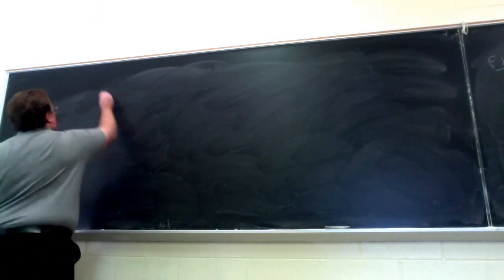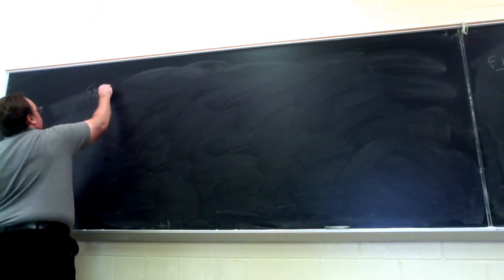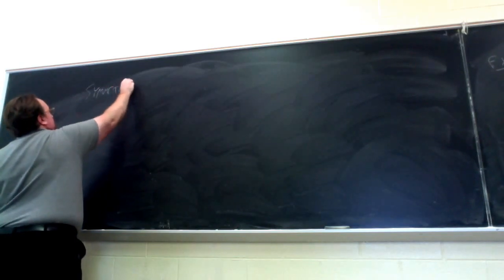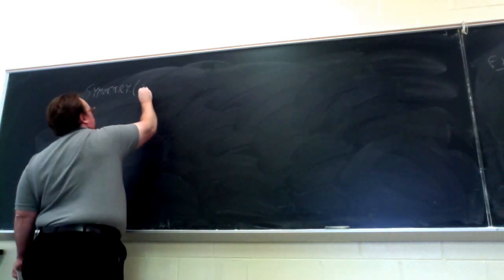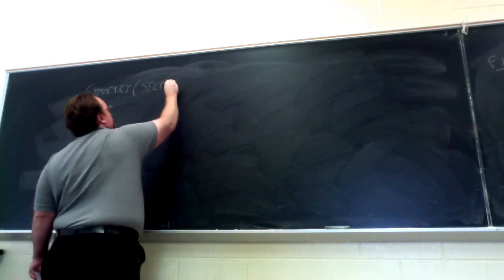Now, this next property, the textbook refers to it as symmetry. I'm going to give a slightly more proper term for it, self-adjointness.